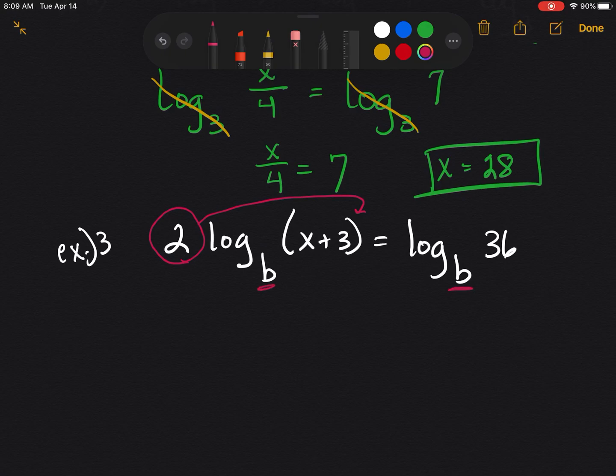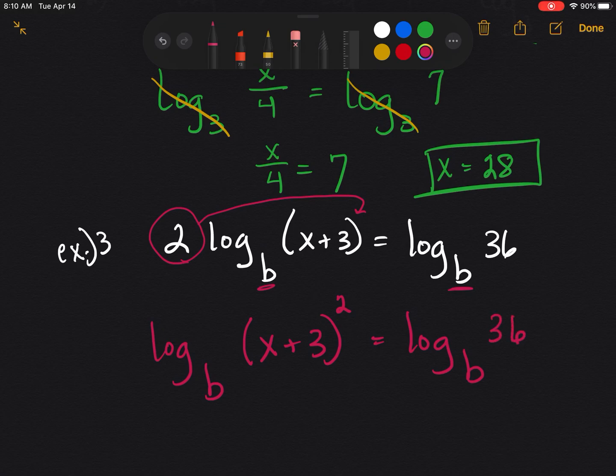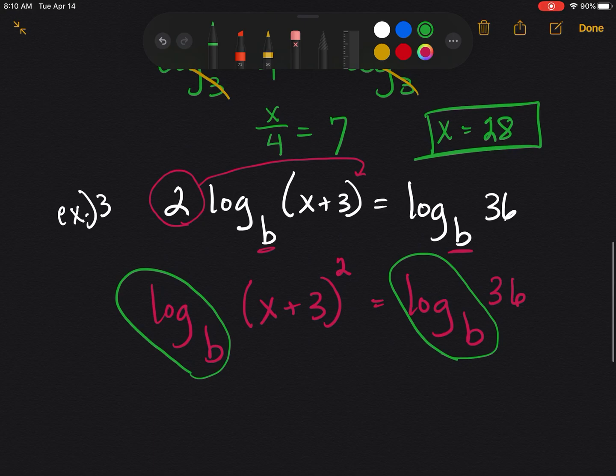We would have log base b of x plus 3 to the second power equals log base b of 36. Because now these are the same and we've got them all isolated, we can get rid of them in a sense and write x plus 3 squared equals 36.